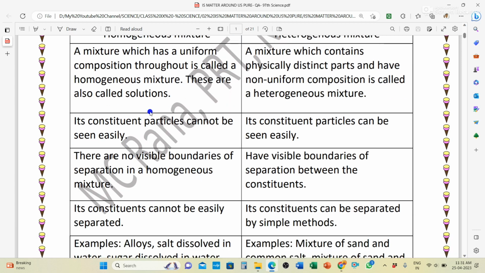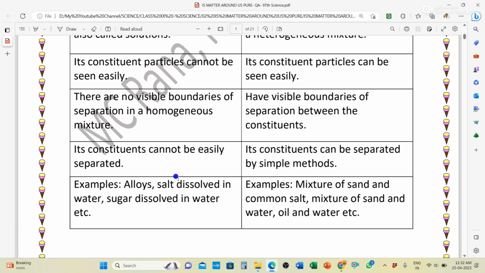Then, in a homogeneous mixture, there are no visible boundaries of separation because the particles are intermixed properly. In a heterogeneous mixture, there are visible boundaries of separation between the constituents because the particles are not intermixed properly. Then, in homogeneous mixtures, the constituents cannot be easily separated, but the constituents in a heterogeneous mixture can be separated by simple methods.